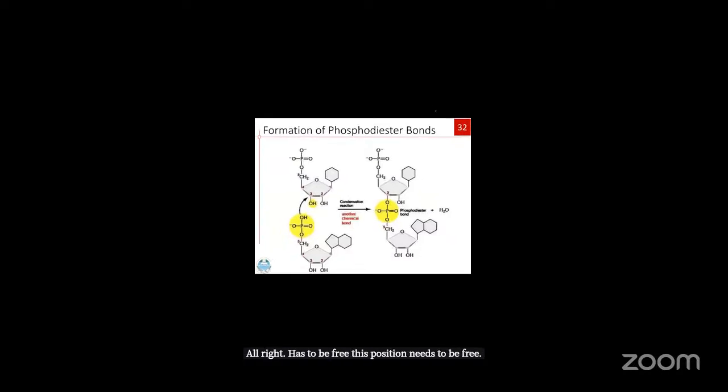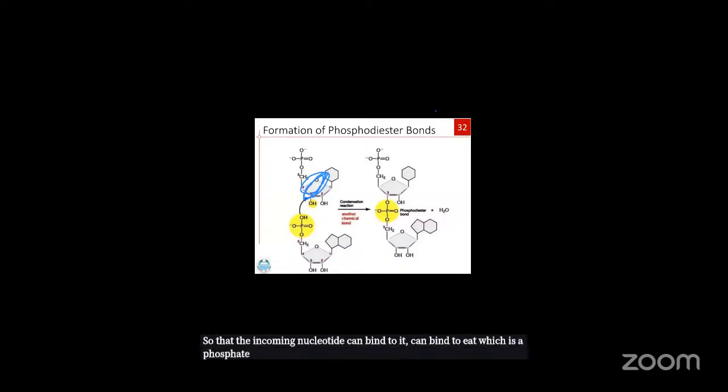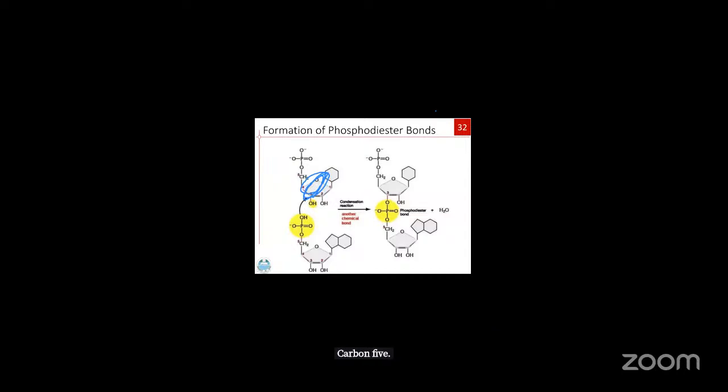This free 3' has to be free so that the incoming nucleotide can bind to it with its phosphate-carrying carbon 5, right? So that is what we are seeing again.